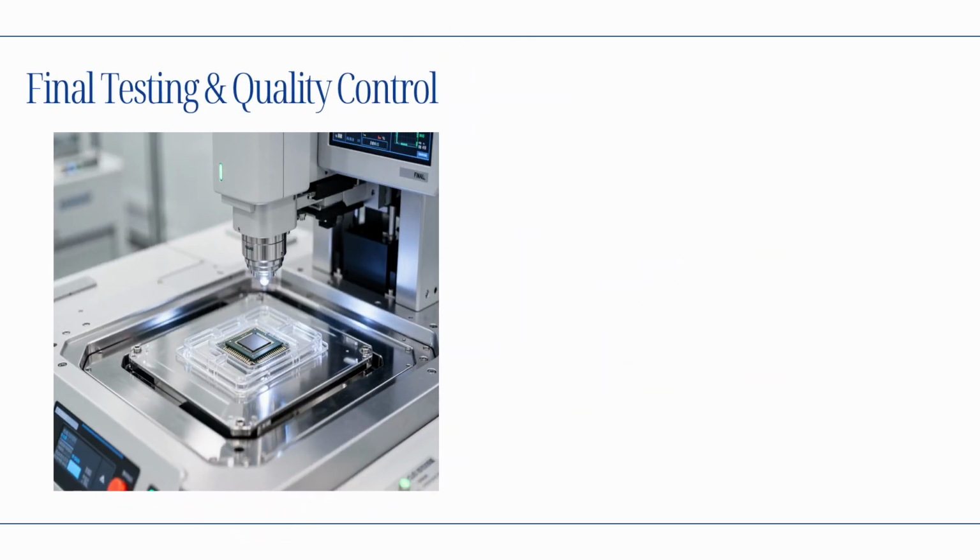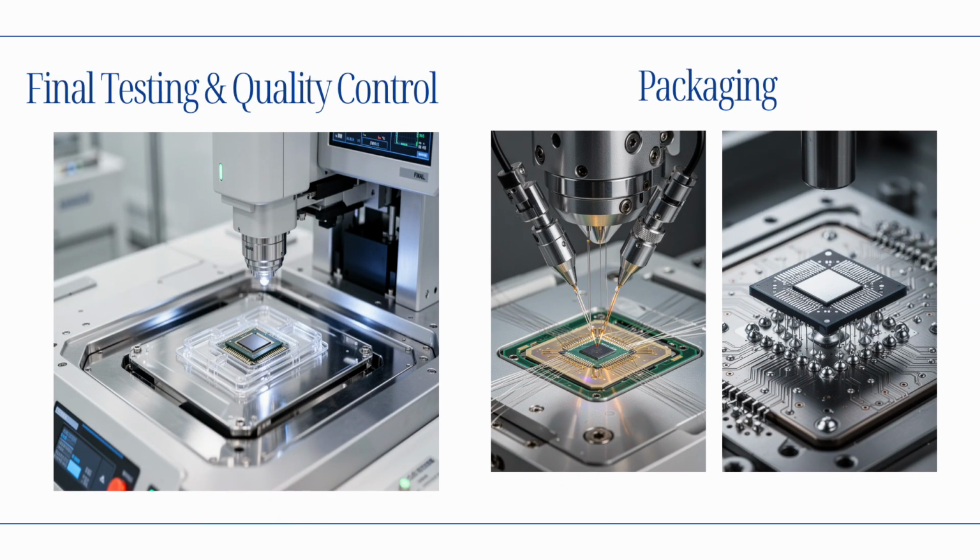Once all the patterning cycles are completed, then wafers are sent for testing and packaging. Final testing is crucial for verifying that the chips are meeting all the specs, ensuring reliability and performance for end users in various applications.